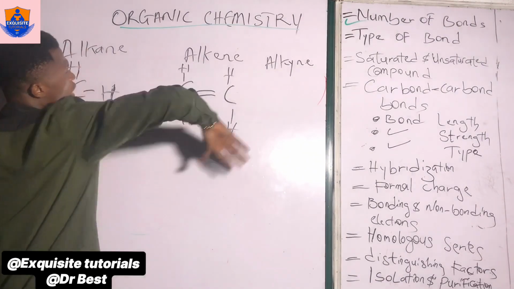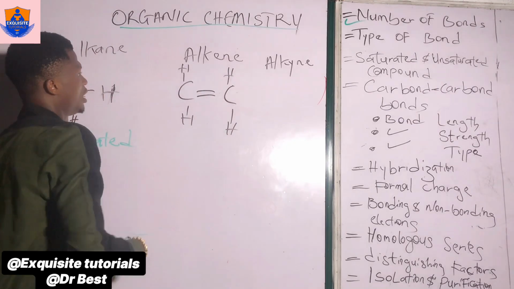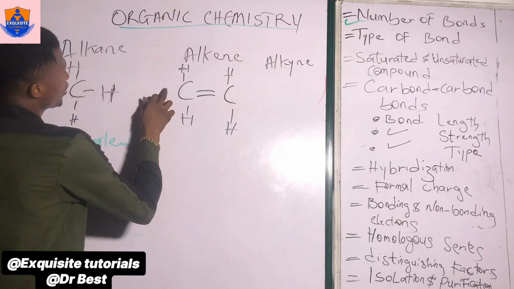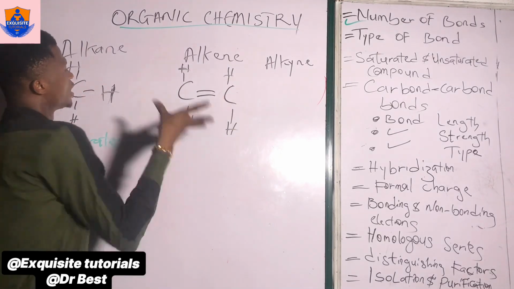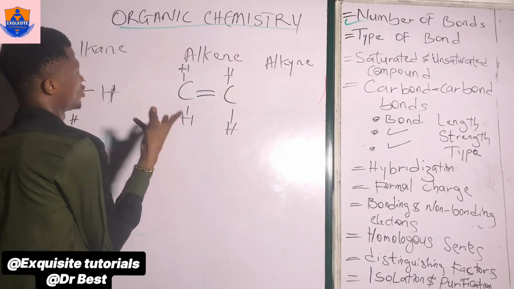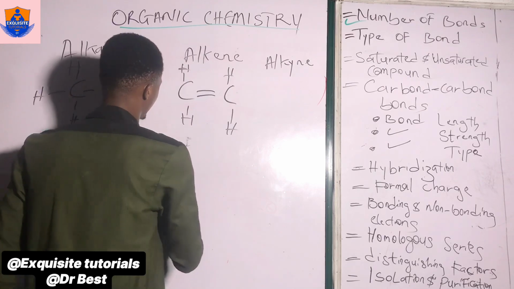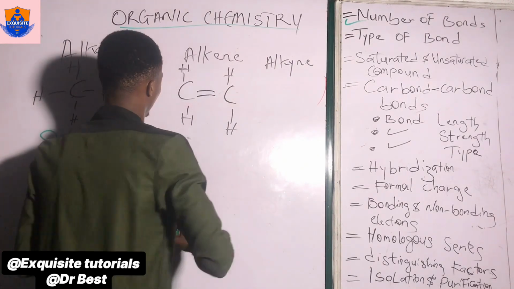So this does not have the maximum number of hydrogen atoms attached to the carbon, because there could be another hydrogen here, there could be another hydrogen here, but because of these two bonds here, the maximum number of hydrogen atoms that is supposed to be attached is not there. So we said this is unsaturated.